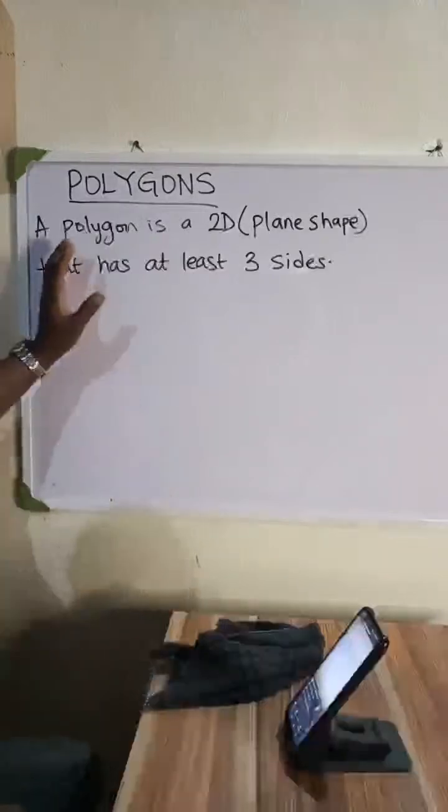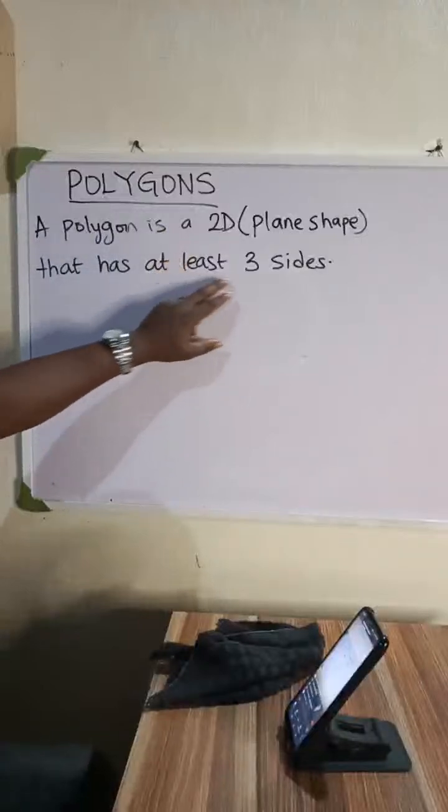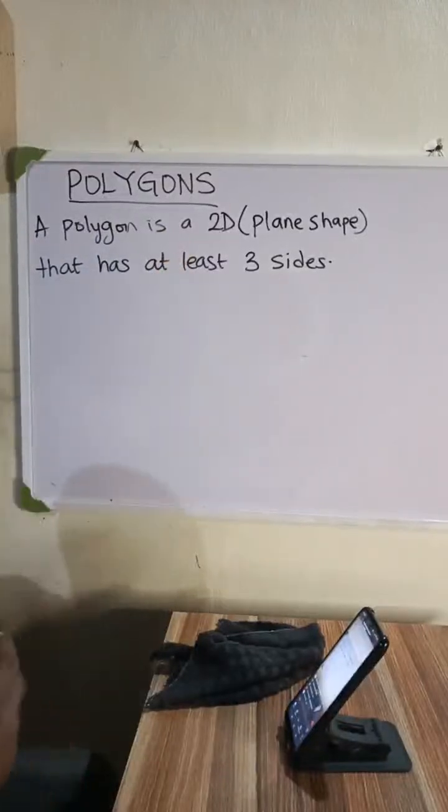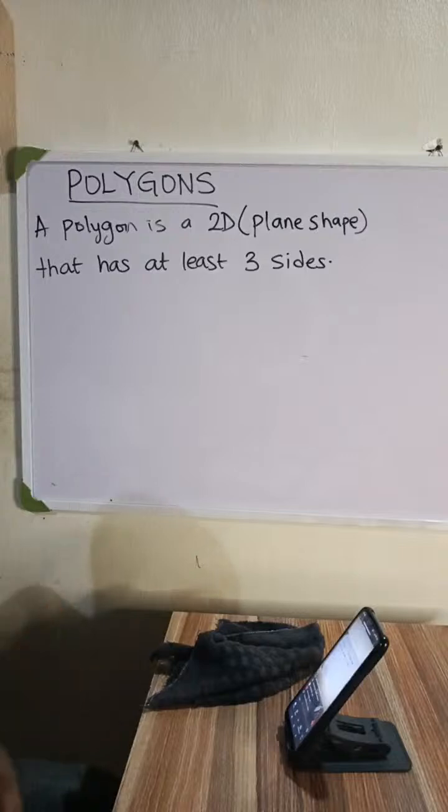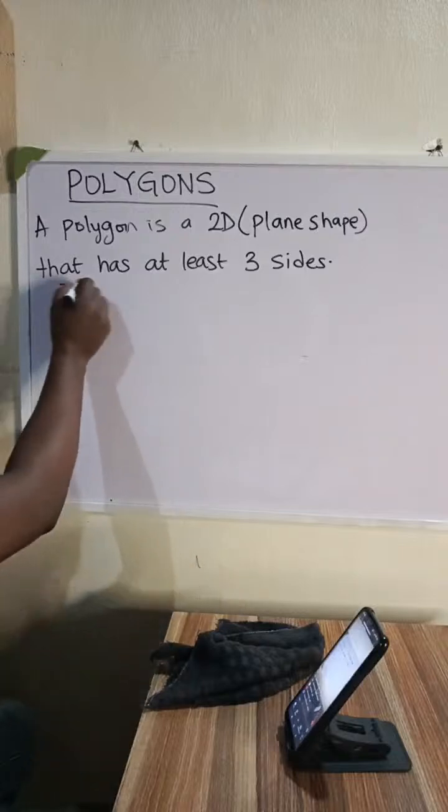Okay, so when a 2D shape has at least 3 sides, then that 2D shape is called a polygon. So the first thing we're going to do is see the different types of polygon and how many sides they have.